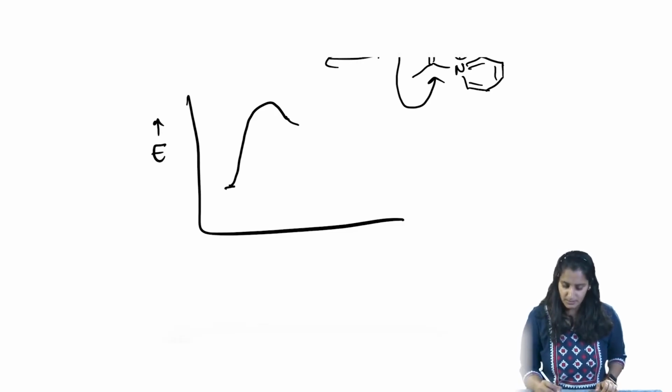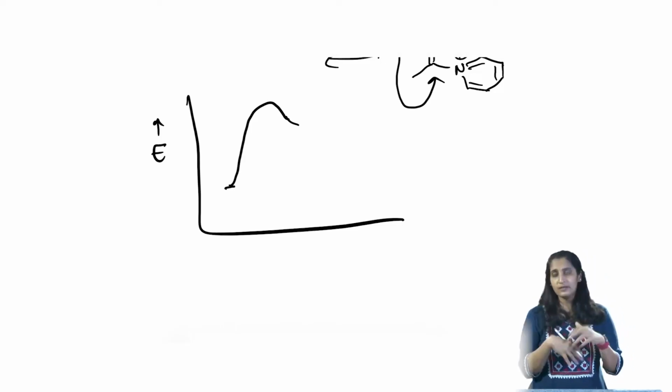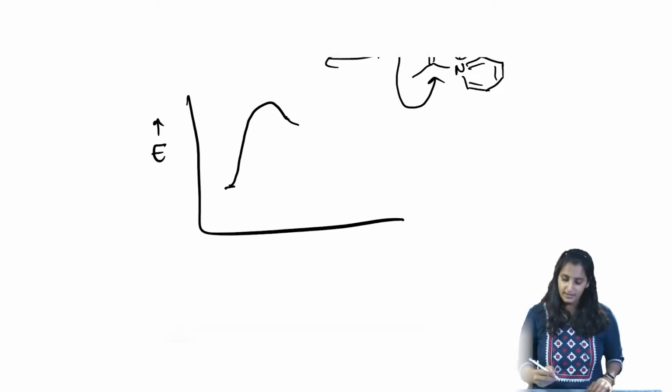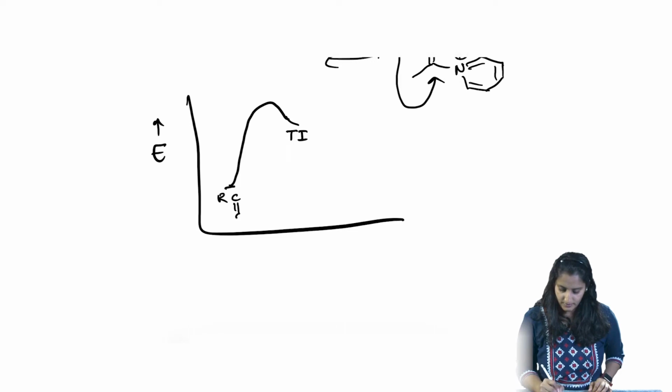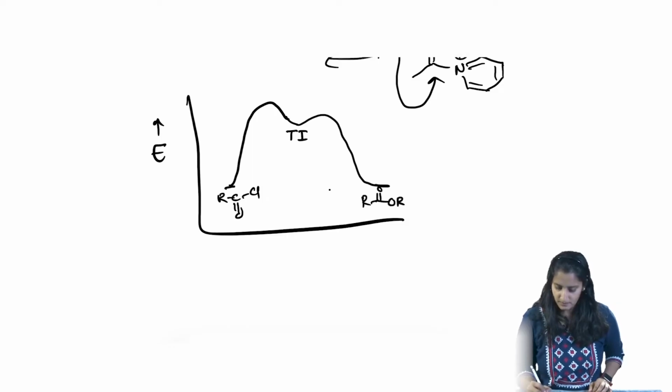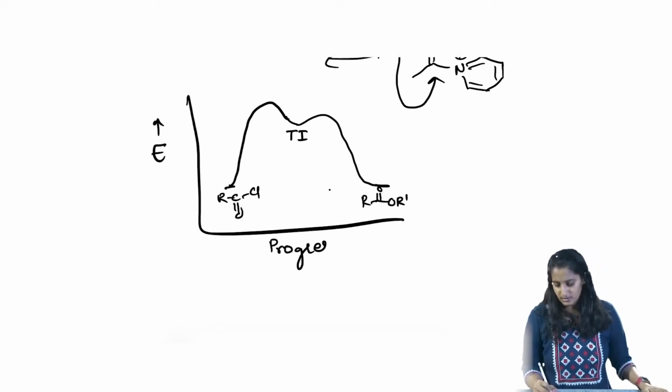The addition step is wherein the alcohol came and attacked the carbonyl carbon and formed a tetrahedral intermediate. So, you have a tetrahedral intermediate forming here. This is your acid chloride, and then later on you have the elimination step, and this is your ester, and this is the progress of the reaction. So, that is our energy profile diagram.